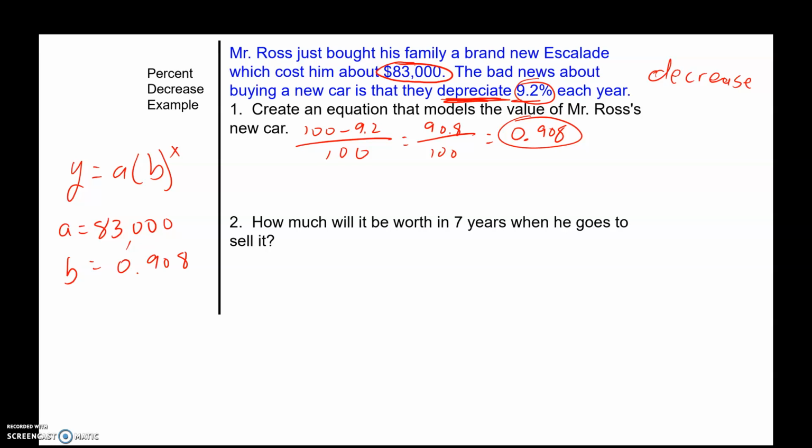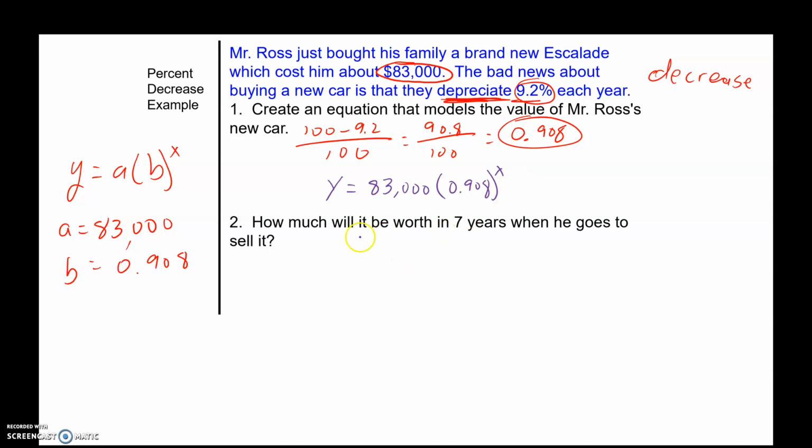All right. So now that we've got that, we can make our little quick equation. So y equals, our starting value was $83,000. Our multiplier is 0.908. And there's an x. That's the general equation. Now, if we want to know what it's going to be worth in 7 years, we just plug our number in.